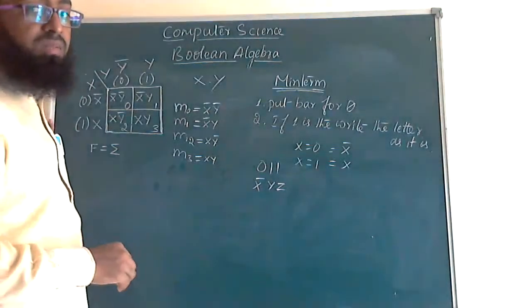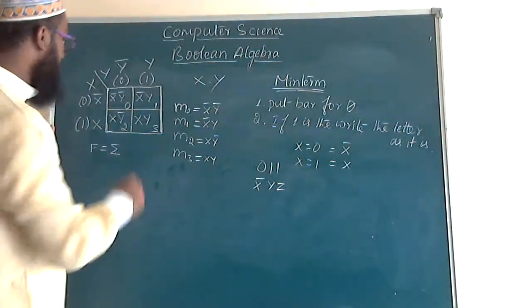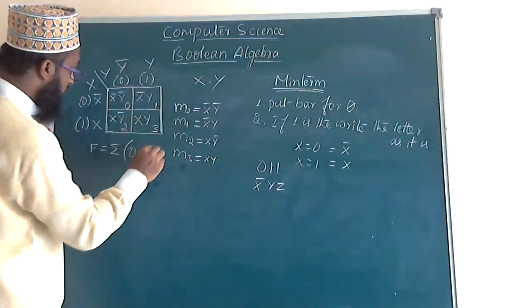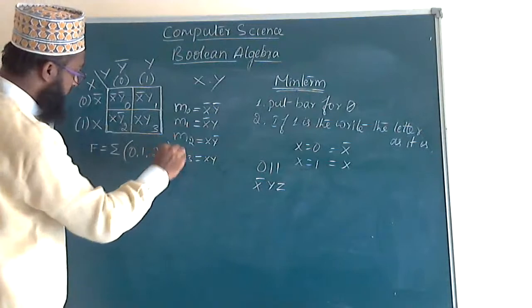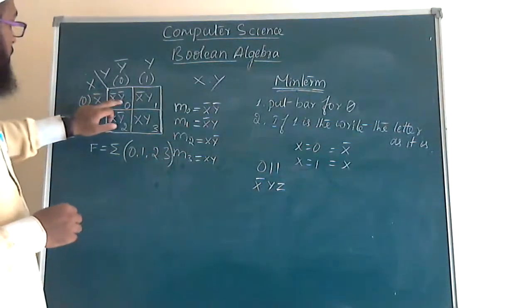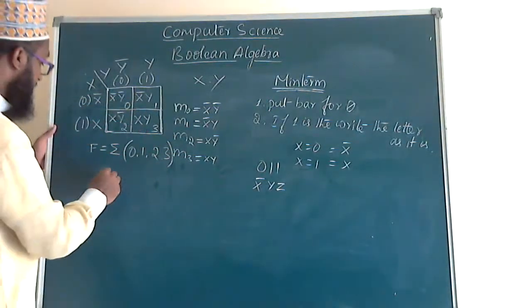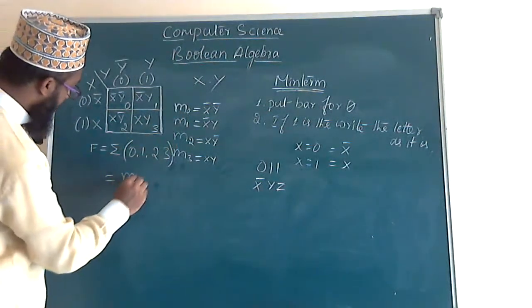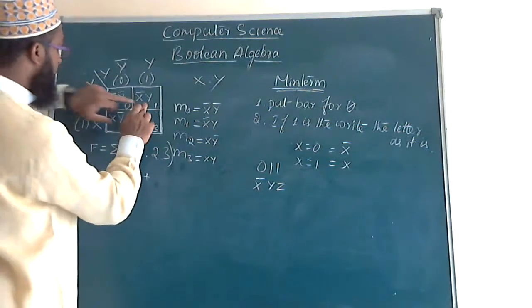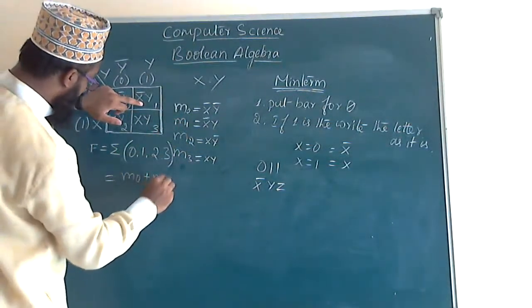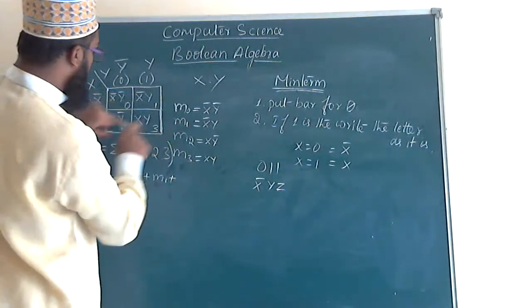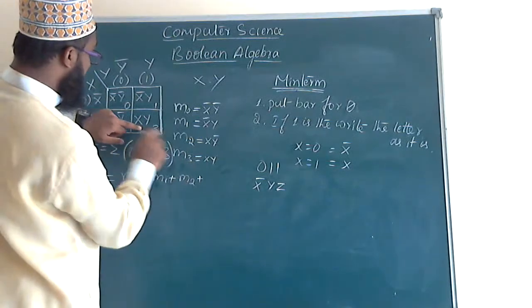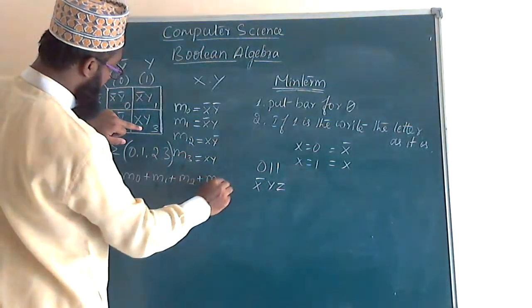Put a bracket, then write 0, 1, 2, 3, which is equal to: 0 means m0 plus 1 means m1 plus 2 means m2 plus 3 means m3.